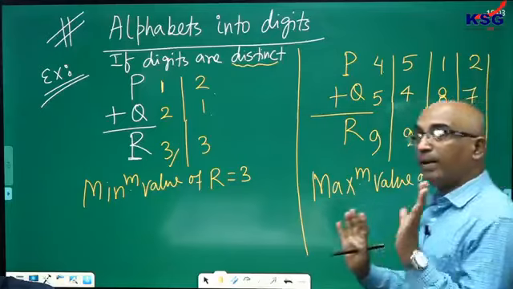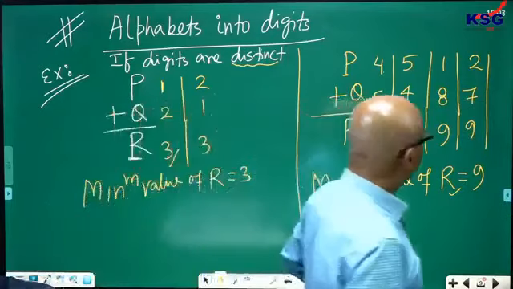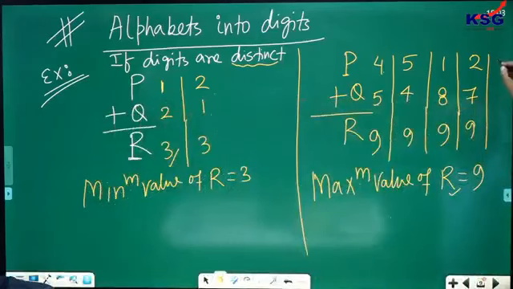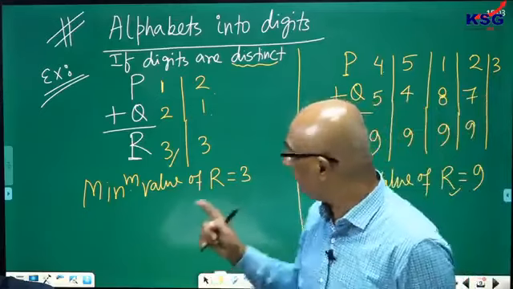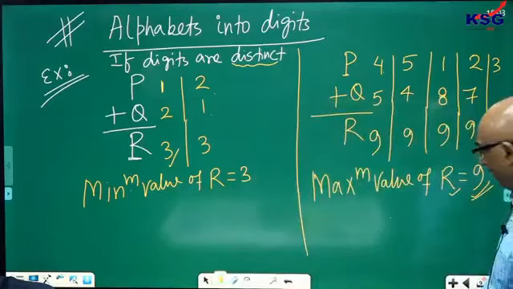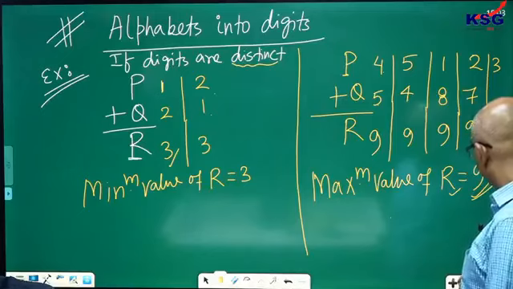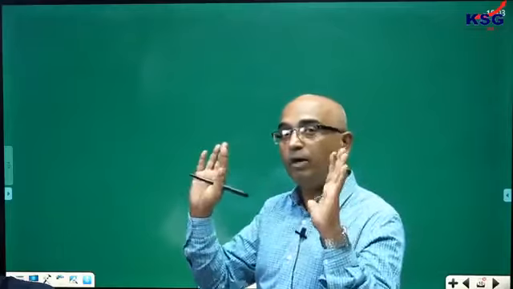If P is 3, vice versa is also possible. But in any case, if the question is to find the maximum value of R, then the maximum value of R must be 9. Okay, so let's continue this discussion with some more examples. This is just a discussion; I will give you real examples.